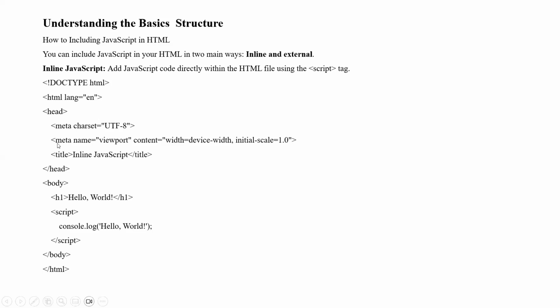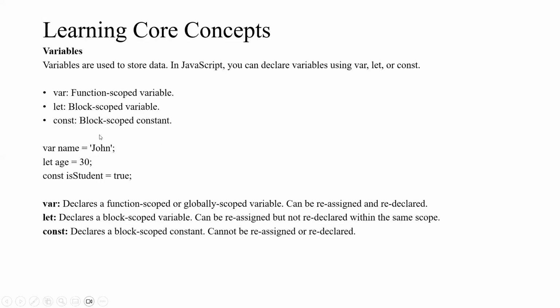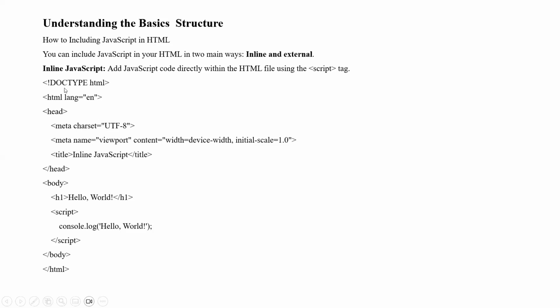No. So that is why we have the doctype HTML as we normally use, then header, then the body, and script. We put the JavaScript code here. This is the sample of JavaScript, console.log. This is the sample of JavaScript code.